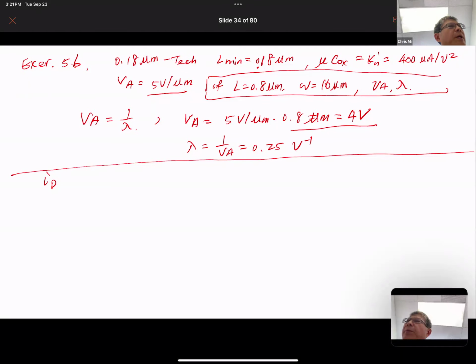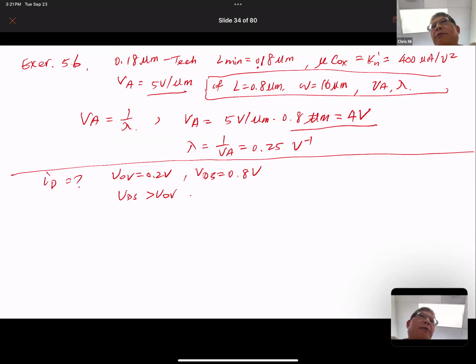Find ID when the device is operating at an overdrive voltage VOV of 0.2 volts and VDS equal to 0.8 volts. For this question, since VDS is larger than VOV, we know it's in the saturation region.